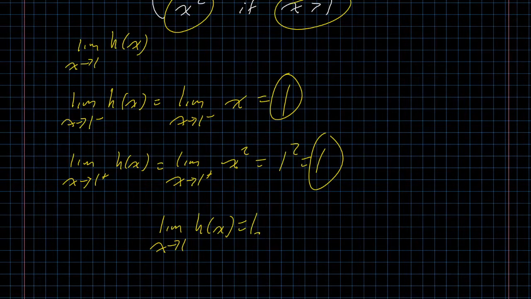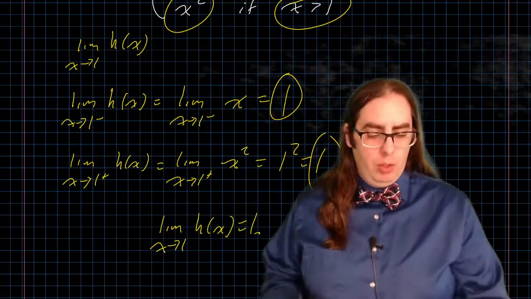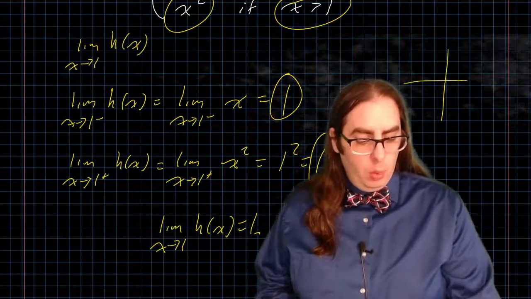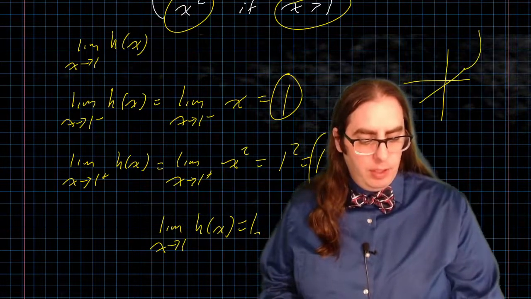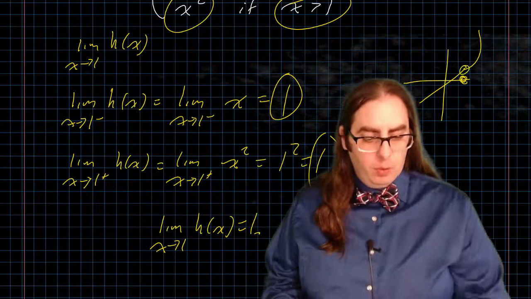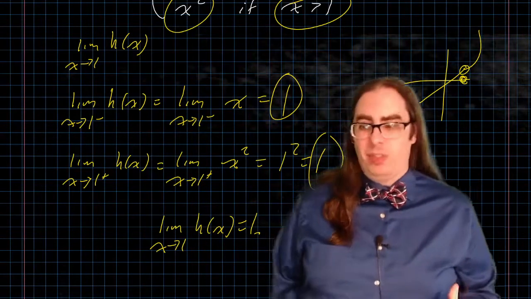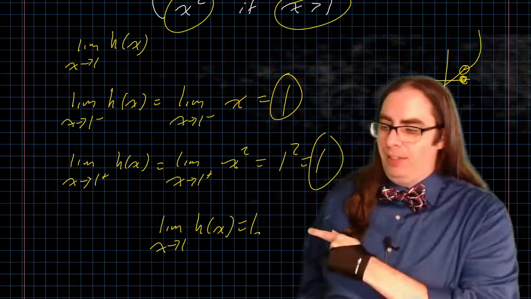So in this case, even though we know from graphing it that there is a discontinuity, it's a hidden discontinuity. It's one that Desmos doesn't even show, but we know it's there. We know that this graph has a jump right in the middle of it. So this has a discontinuity, but the limit still exists.